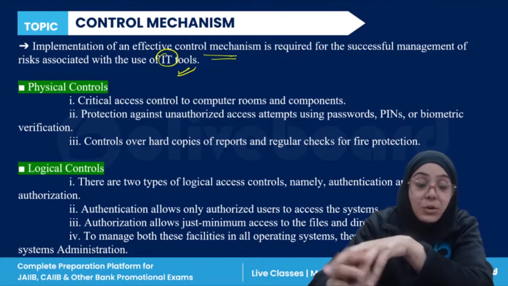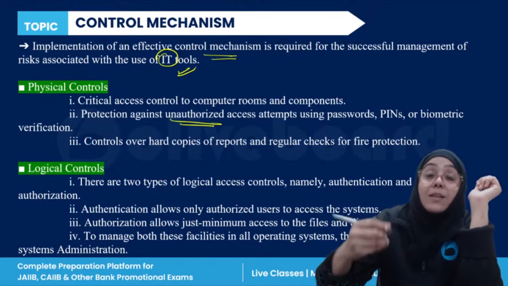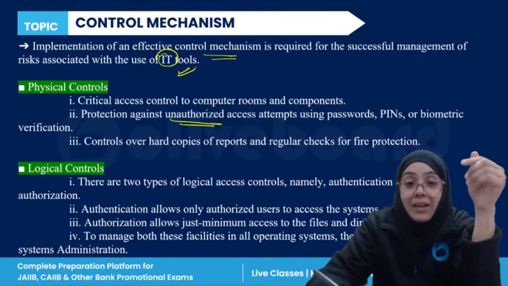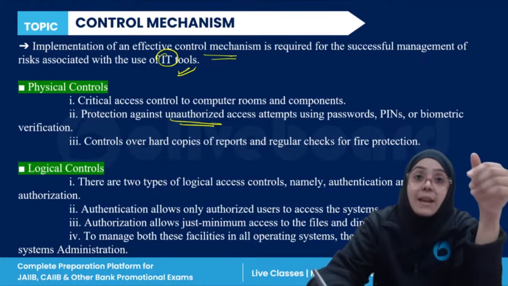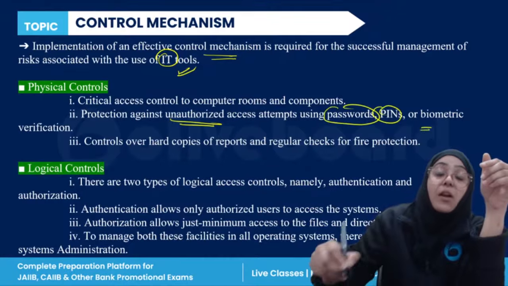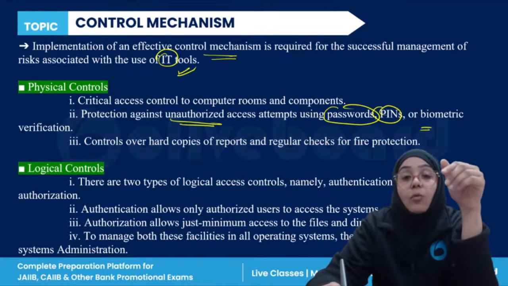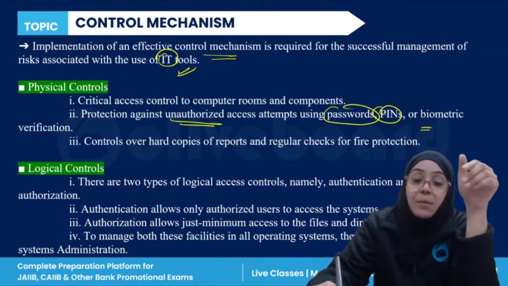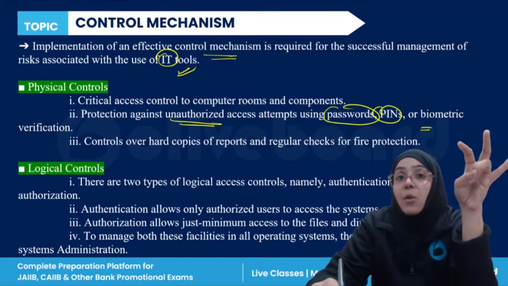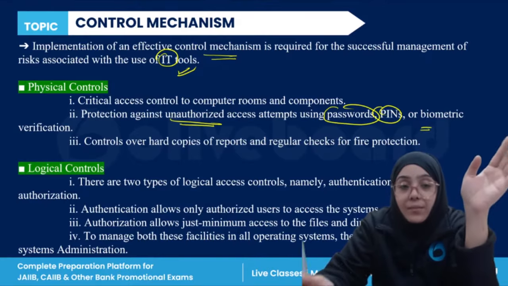Second, protection against unauthorized access. Obviously you need protection against any type of unauthorized access and attempts, by using passwords, pins, and biometric authentication, right? So unauthorized access should be protected against by using passwords, pins, and biometric verification, so that no one can have easy access.